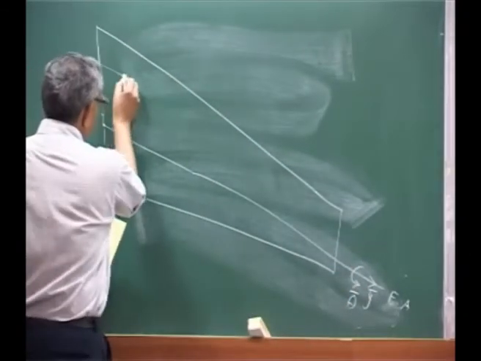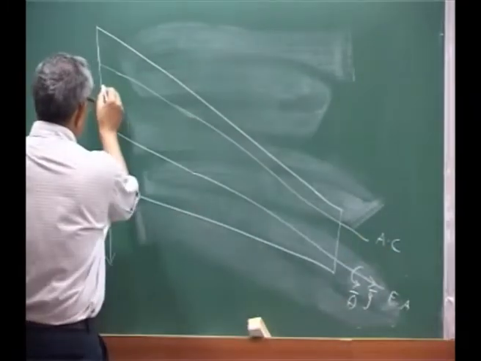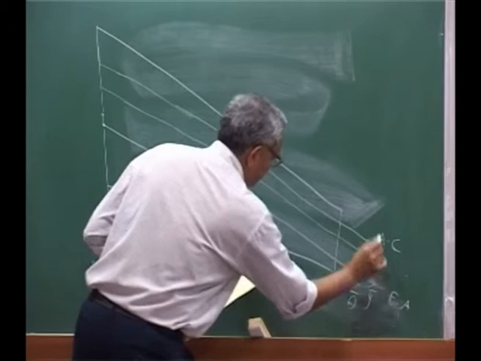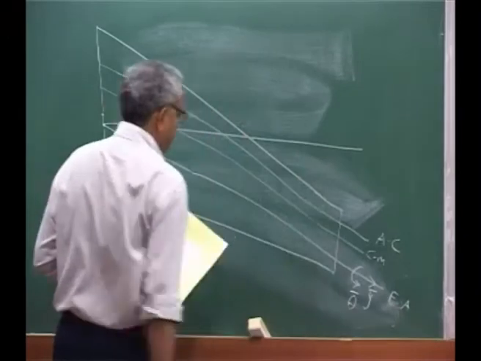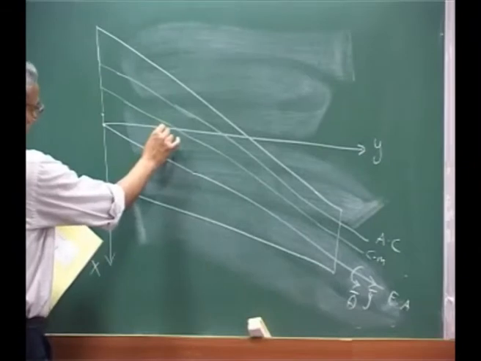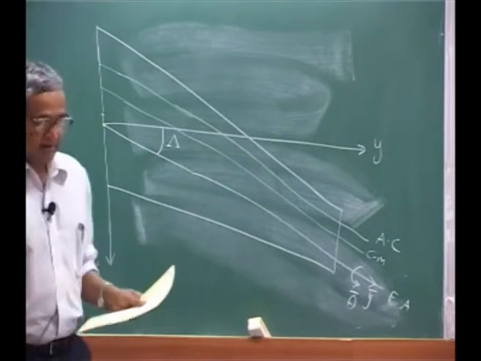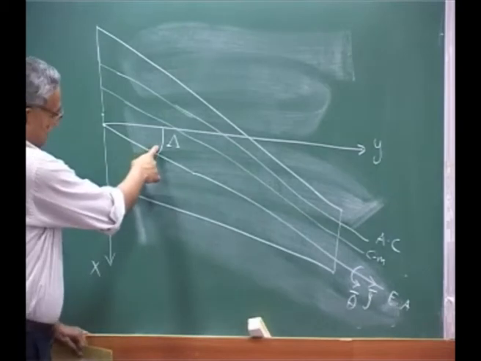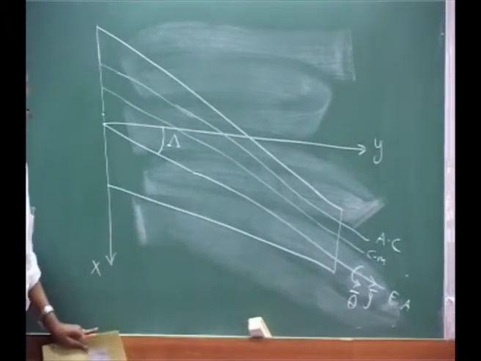This is the aerodynamic center axis, and this is the center of mass axis. And we will define, this is my y axis, this angle I take as psi. Please understand. This is my origin, that is the elastic axis I am taking.